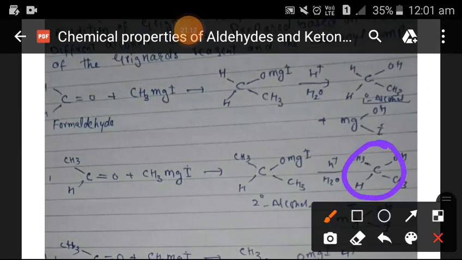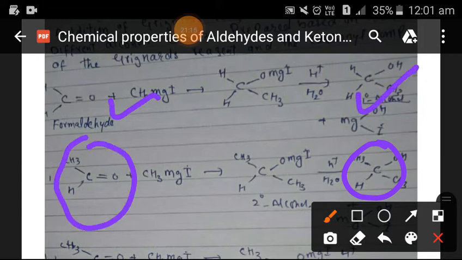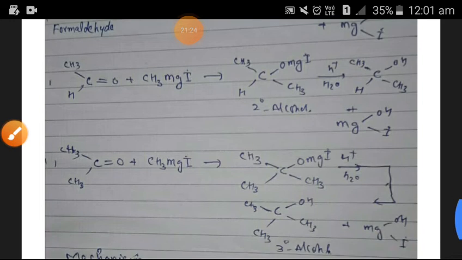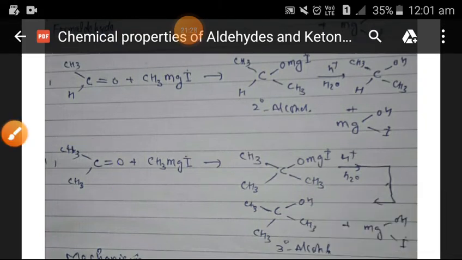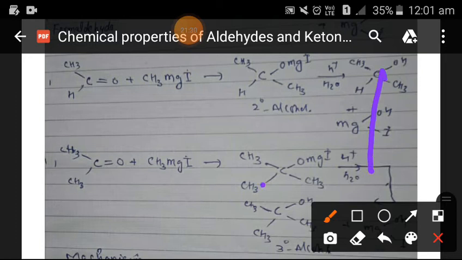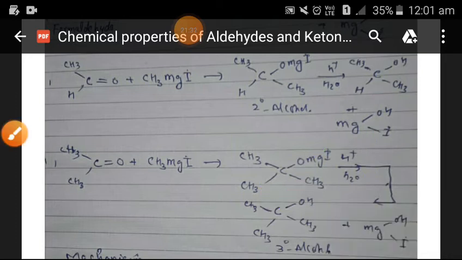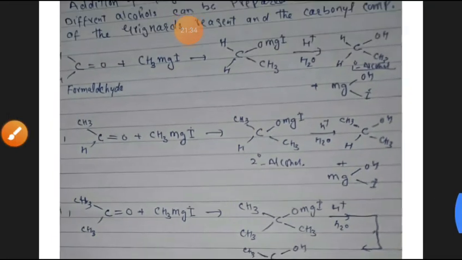So in case of formaldehyde, primary alcohol is formed. In case of acetaldehyde, the secondary alcohol is formed. And in case of ketone, you will see the formation of tertiary alcohol takes place. Clear? So we will discuss the mechanism of the reaction further.